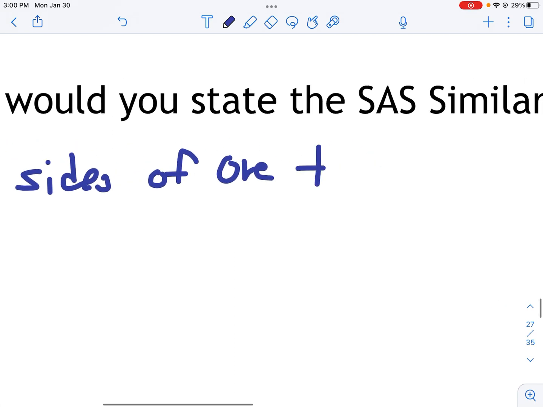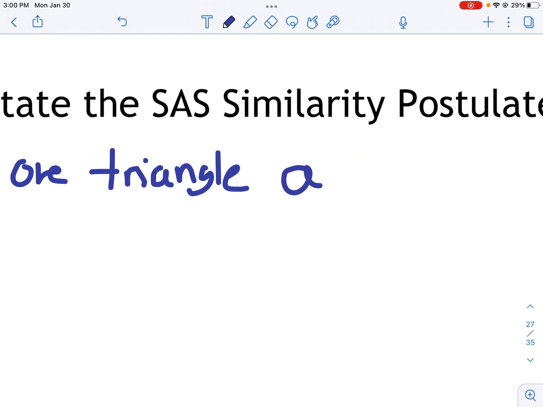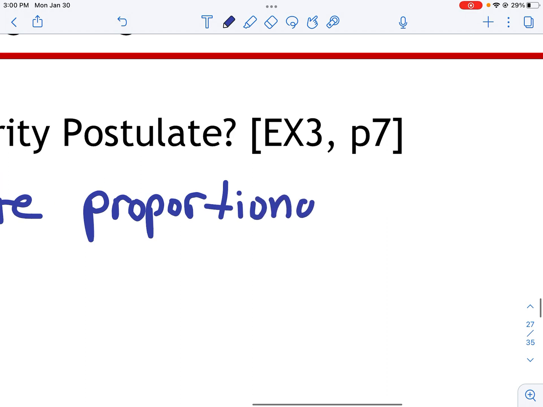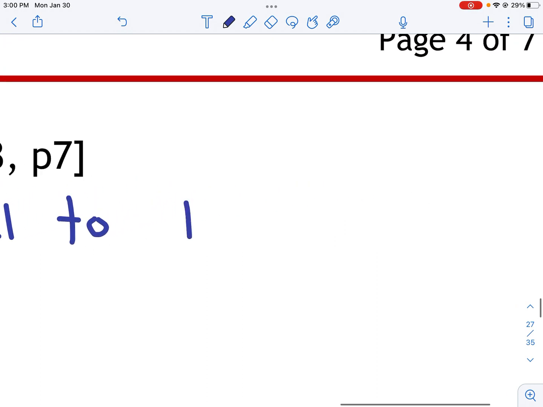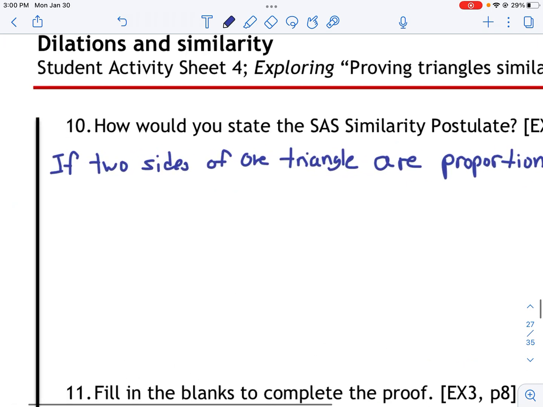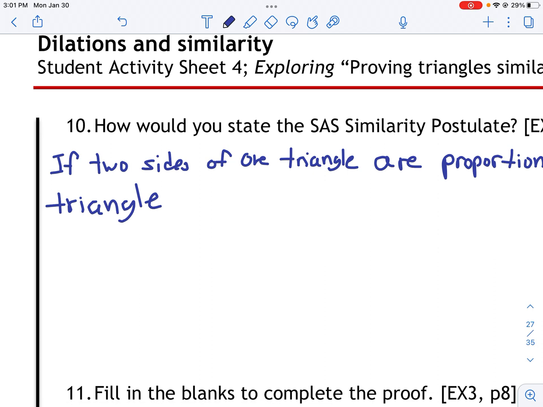If two sides of one triangle are proportional to two sides of another triangle, right?